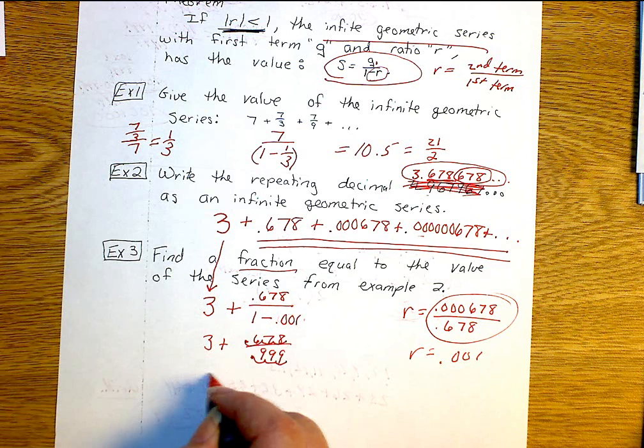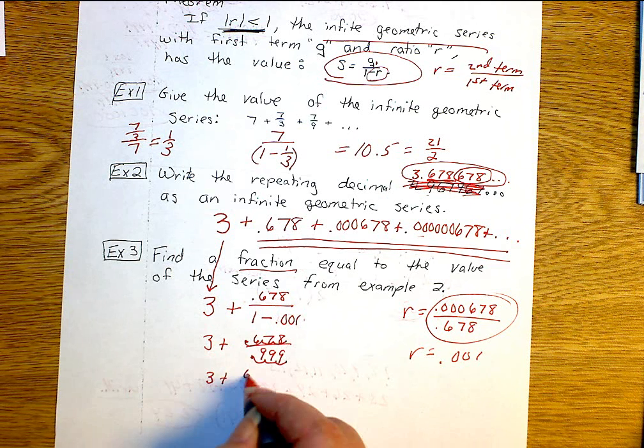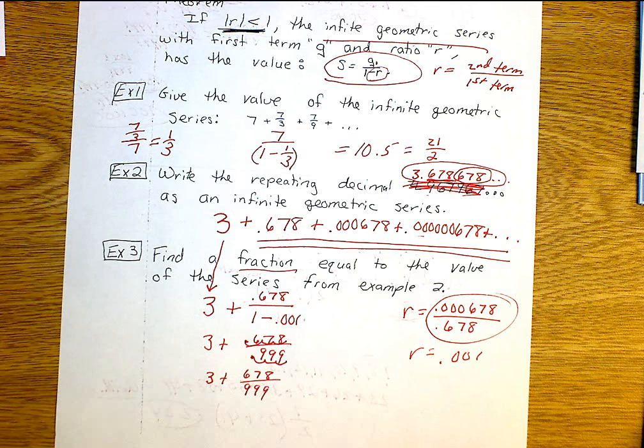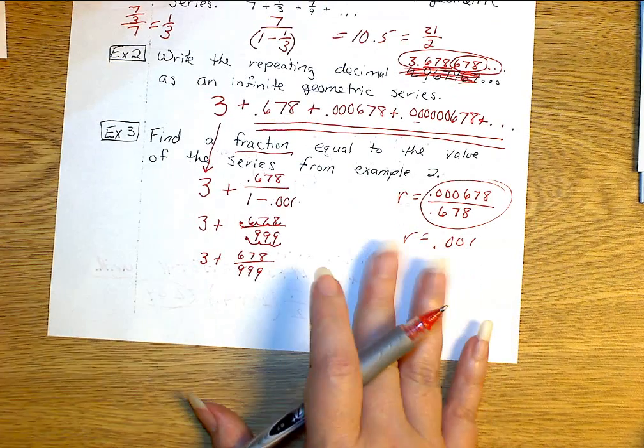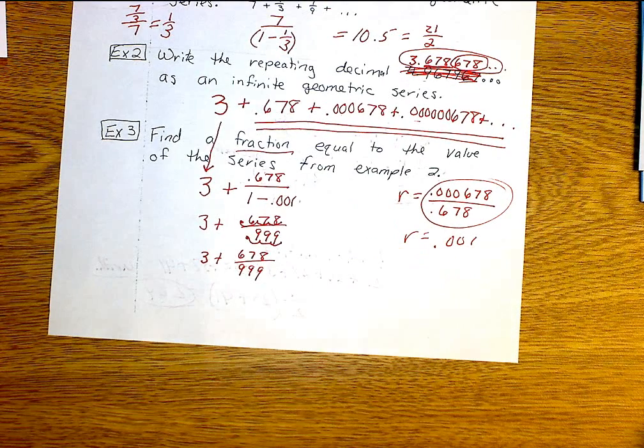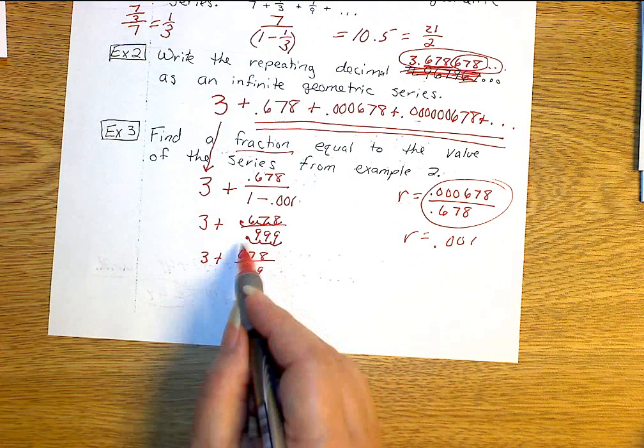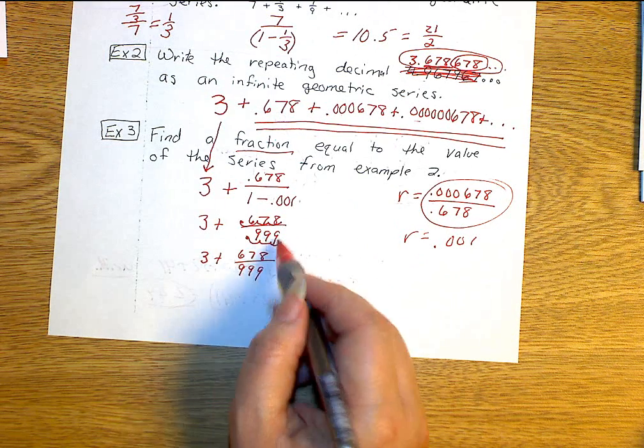So I have 3 plus 678 over 999. Hopefully you guys are seeing the fraction. How can you just do that though? Because it's multiplying by 1,000 on top and bottom.